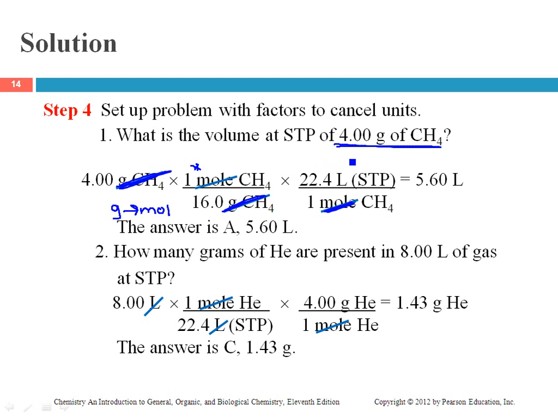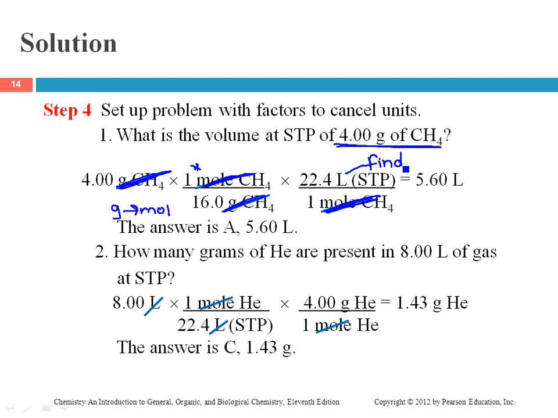So we have a 2-step process here. So our moles now cancel. We're left with volume on top, which is what we want to find. And so the volume of the gas would be about 5.60 liters.